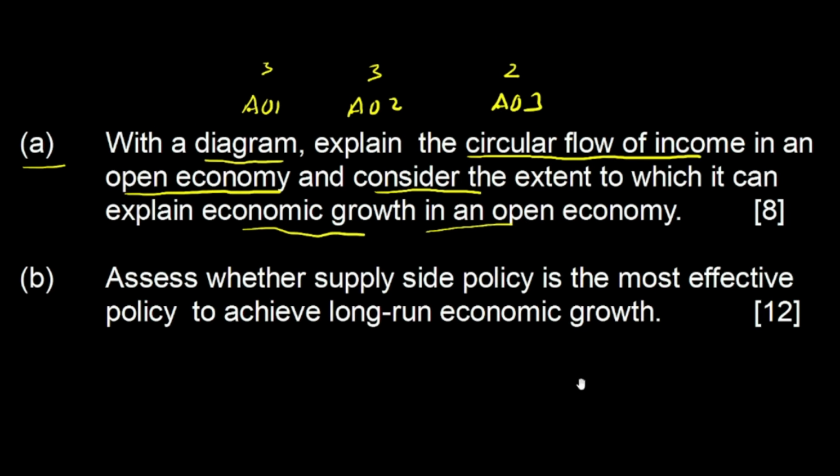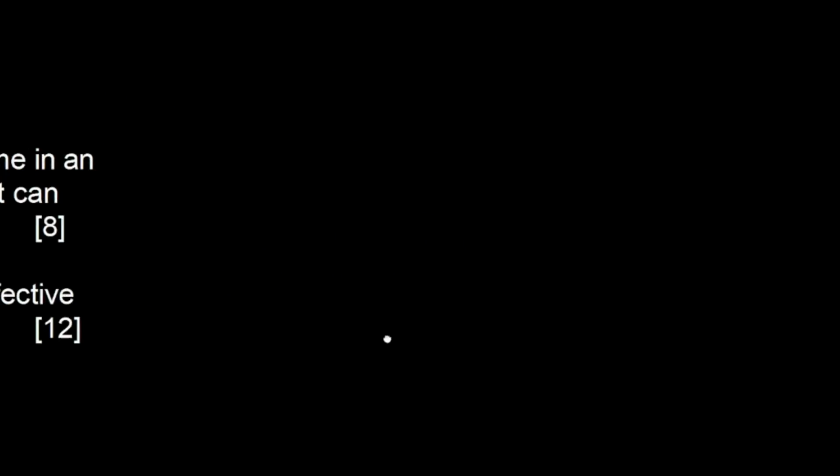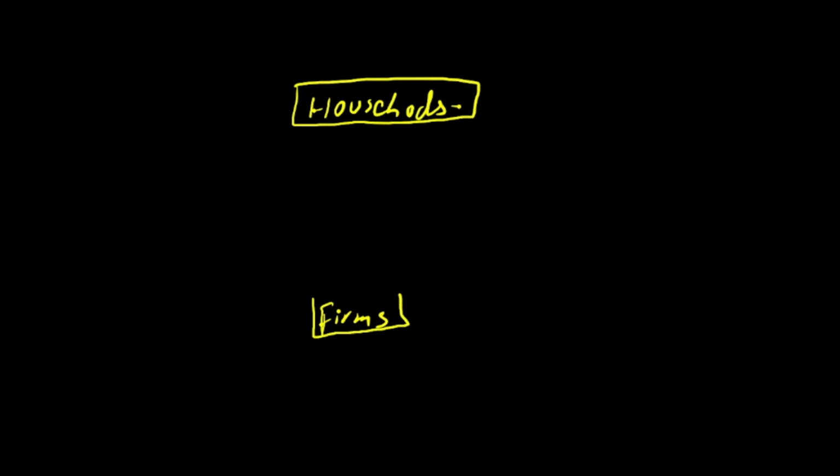So what will be the diagram? Let me show you that diagram. You will have to write households here, and then you have to write firms. Money flows between households and firms. For example, households have the factors of production including land, labor, capital.